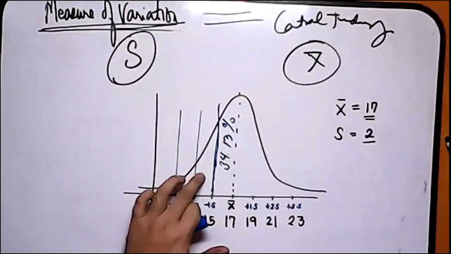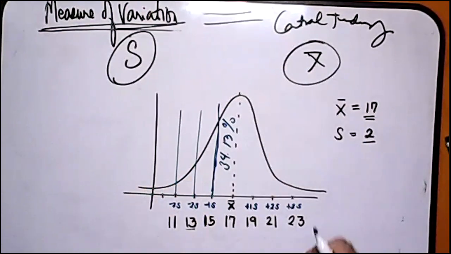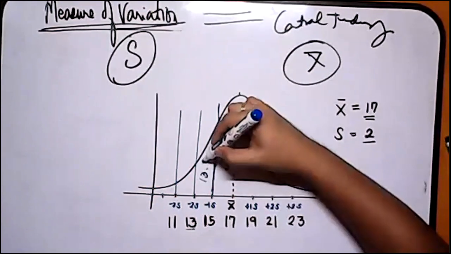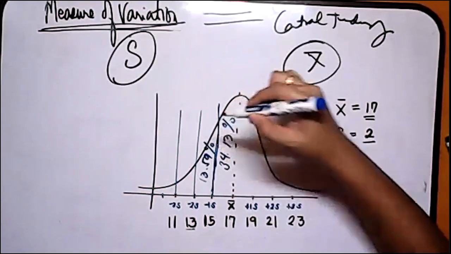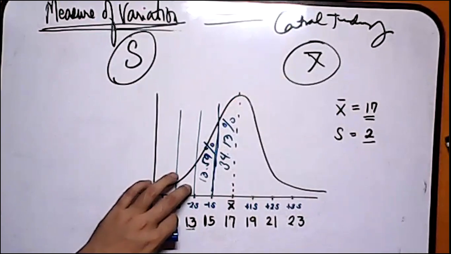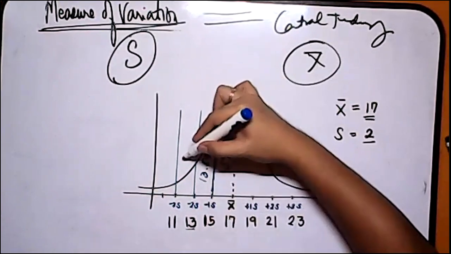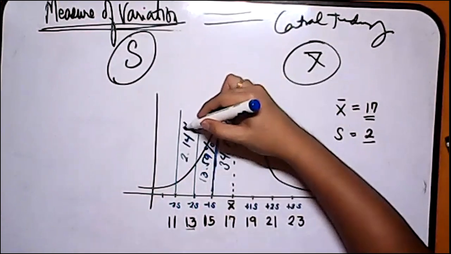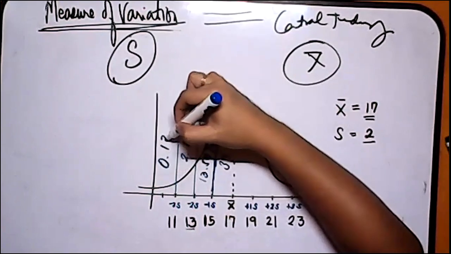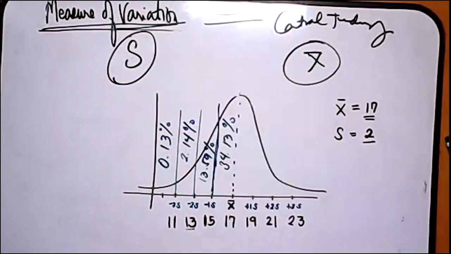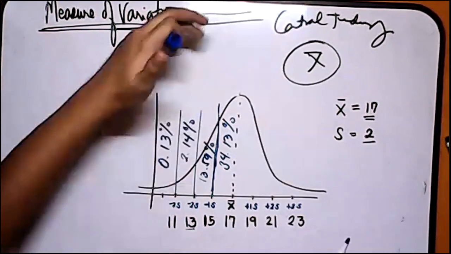While this one is 13.59%, while this one is 2.14%, and this is 0.13%.